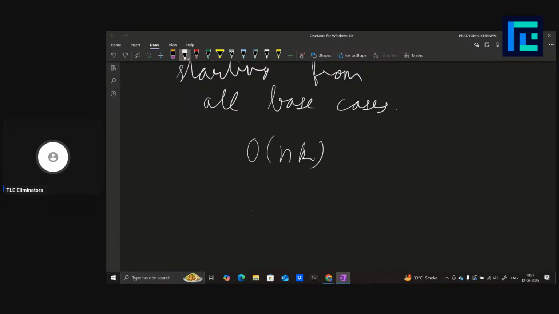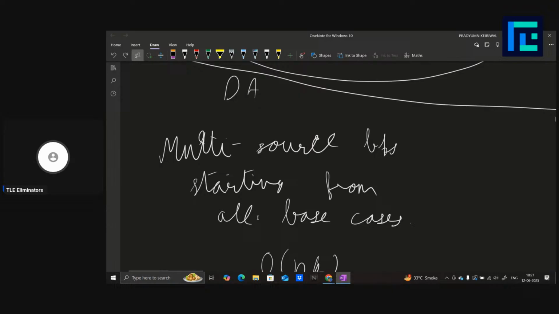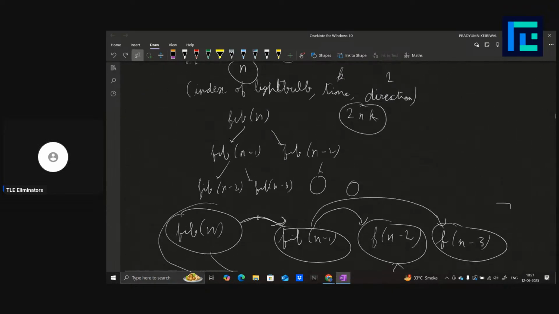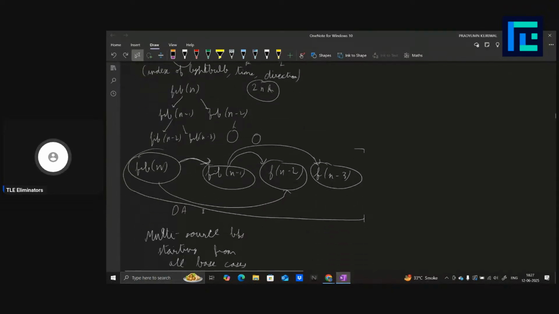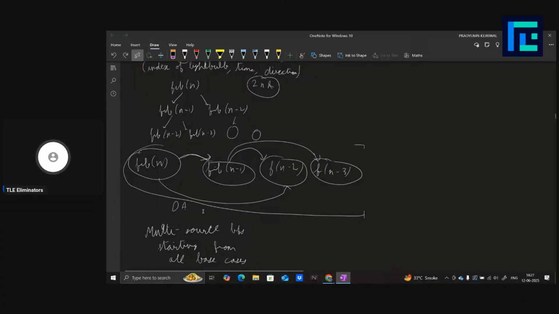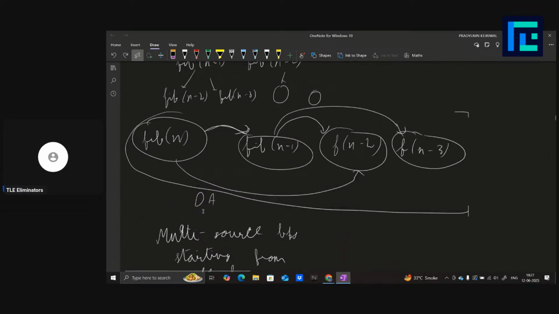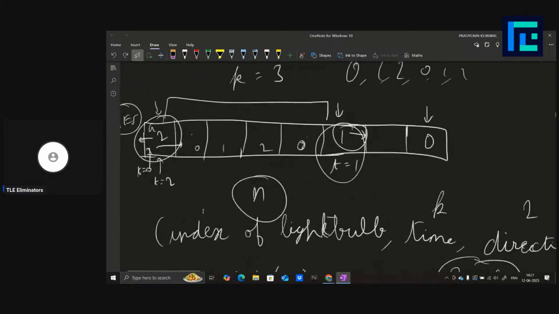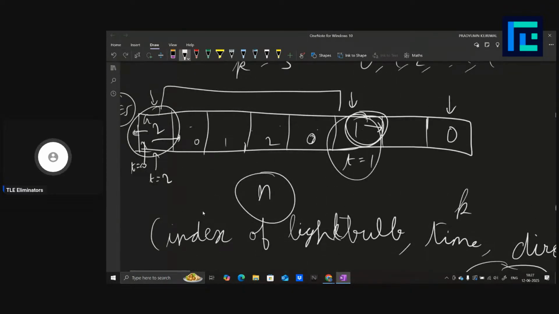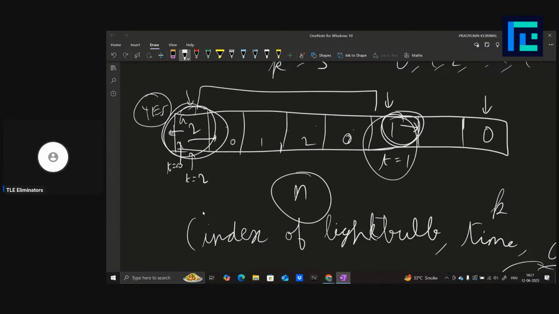So what we are doing is, whatever the base cases are for which the answer is true, we will start a BFS from those nodes and see wherever we can reach. So in our graph, we'll have the edges reversed. If I can reach from this state to this state, and if this is a base case, then I'll mark this as yes. If this is yes, and I can reach from here to here, then of course this is also yes.